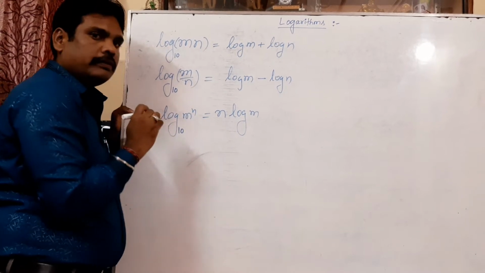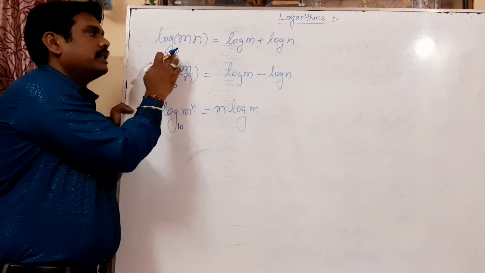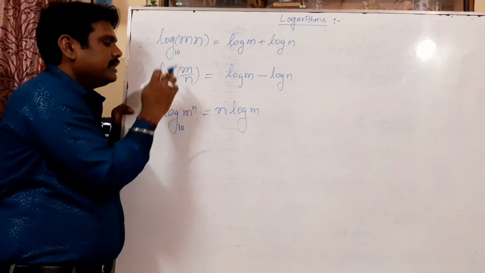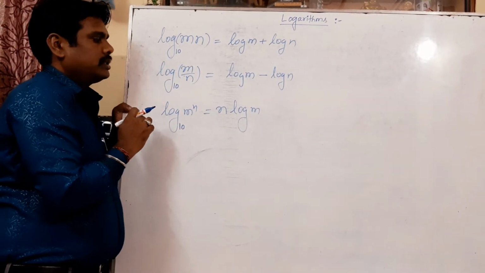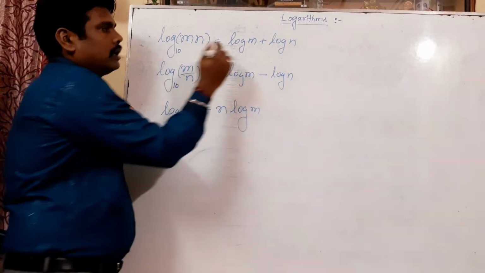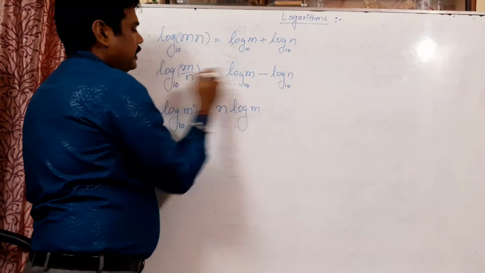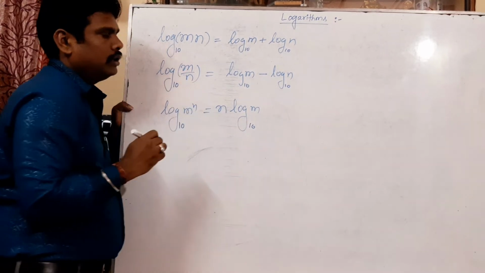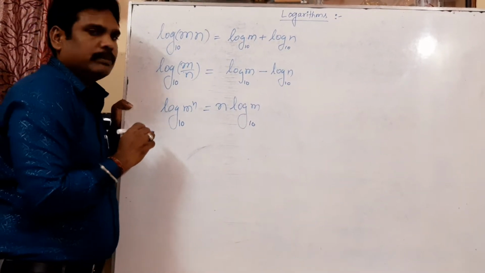There are two types of logarithmic values. The first one is natural logarithm if the base is e. If the base is 10, we call it common logarithm. Clear now? So these three formulas you have to remember. They will help for simplification.